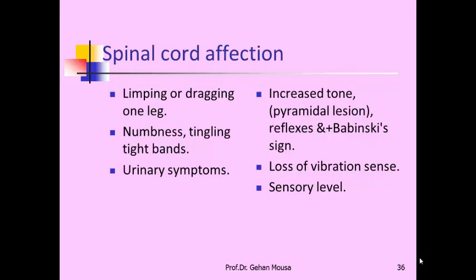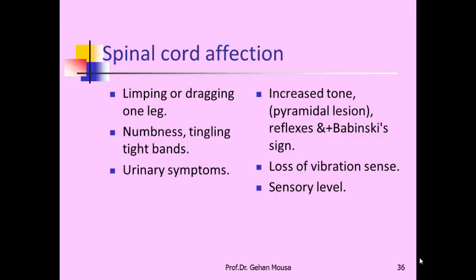The patient may present with limping of one or two legs, numbness and tingling sensation as a result of affection of sensory tracts. Urinary symptoms may appear as a result of affection of the sacral reflex at S2, 3, 4, and increased muscle tone as a result of pyramidal tract lesion, associated with hypertonicity and positive Babinski sign.